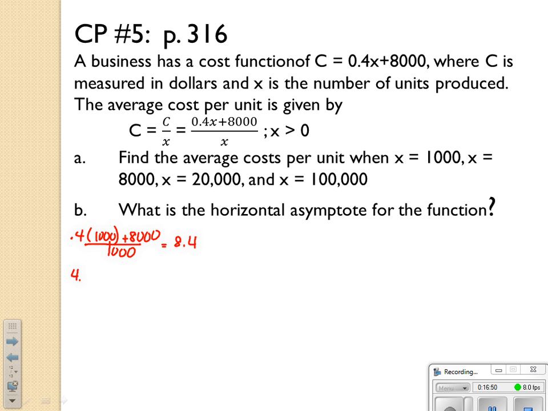If I do this for 8,000 next, at 8,000 units, I get 1.4. 20,000, plug that one in next.